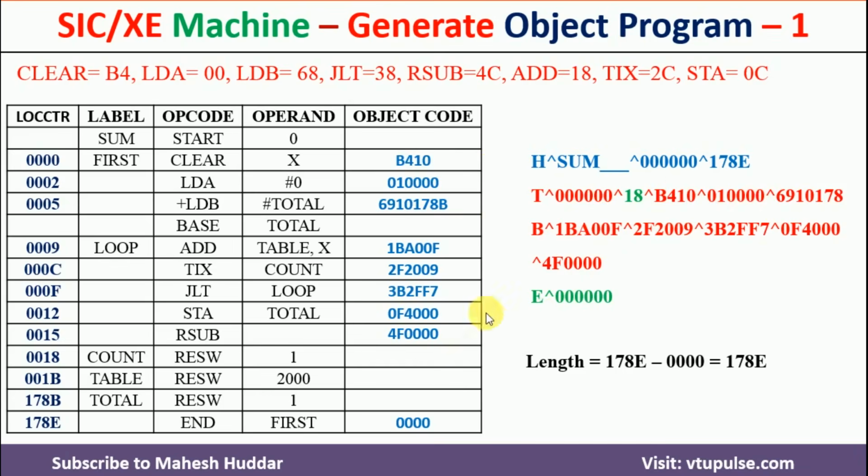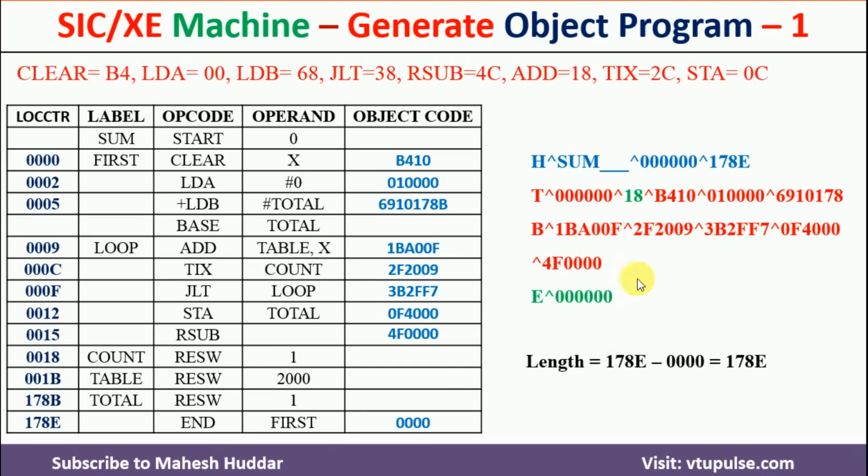All the text records I have written in one text record, because if we count here, this is 4 columns, 6 columns, that is 10, 11, 12, 13, 14, 15, 16, 17, 18 columns here. 18 plus 6 is 24, 24 plus 6 is 30, 30 plus 6 is 36, 36 plus 6 is 42, 42 plus 6 is 48.